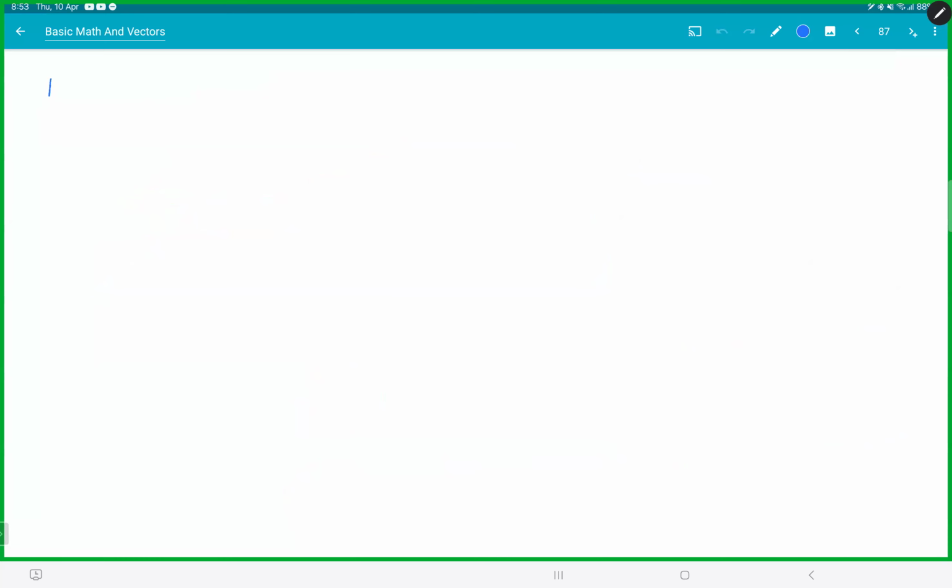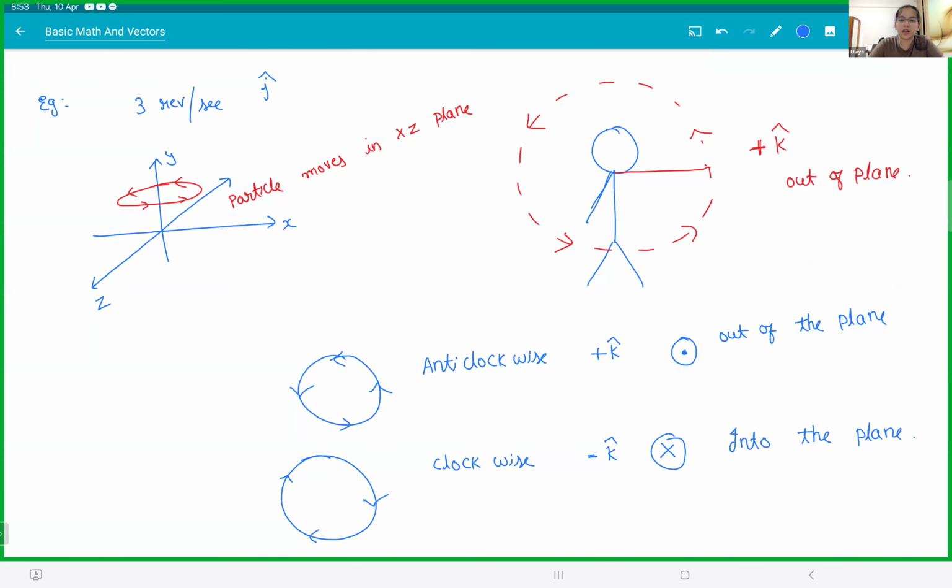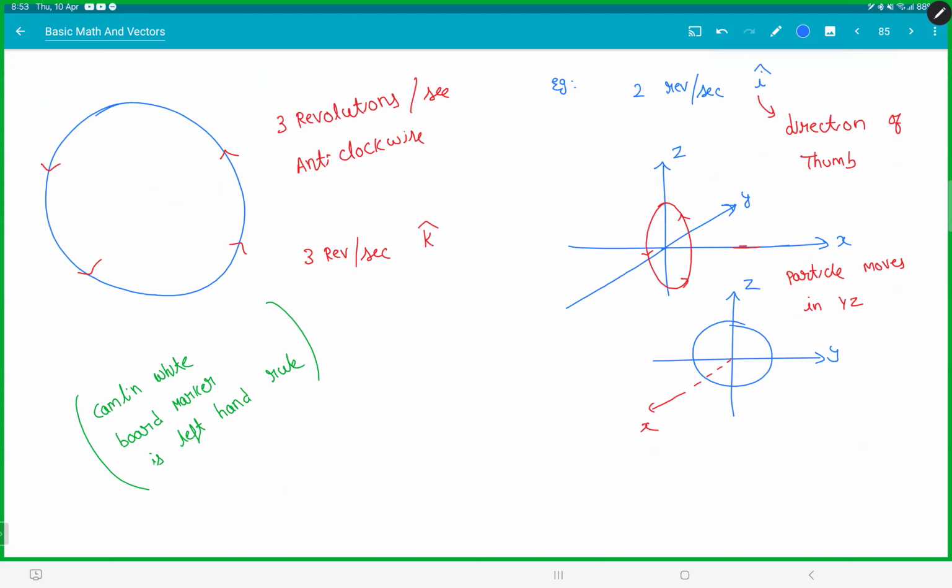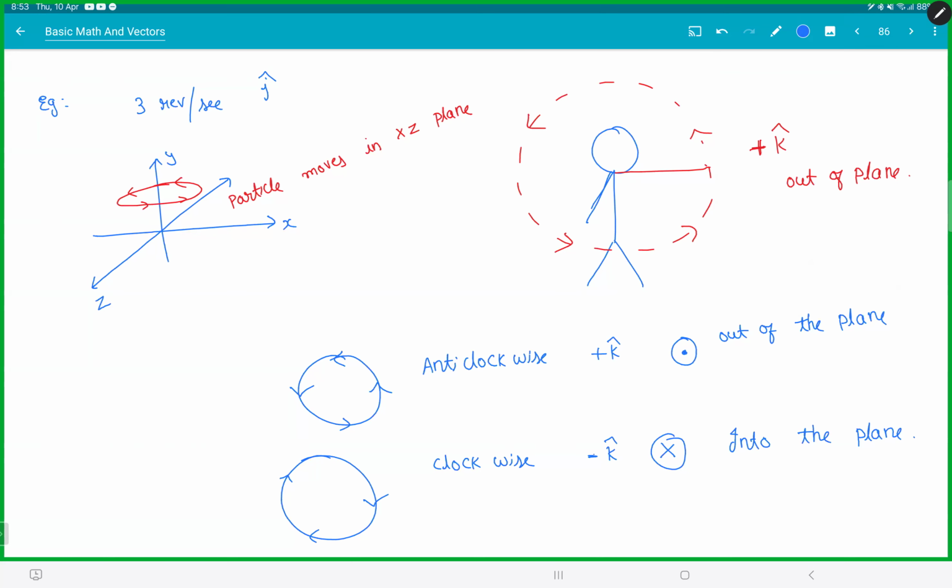Next thing. Sir, in the previous page, the diagram that you drew, if we are looking from that person's perspective that he's rotating, then should this be k cap only? No. Let's keep it this way. See, it is always in your perspective.